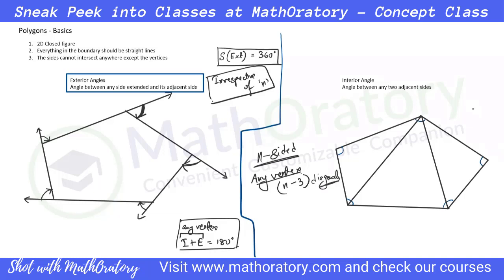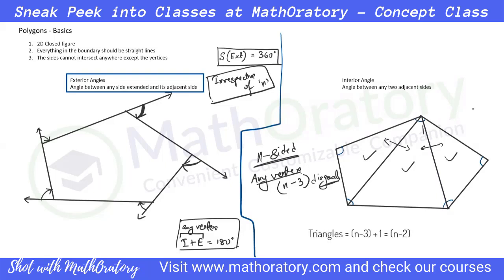Now, whenever we are drawing these diagonals, each diagonal behaves like a partition between 2 adjacent triangles in this figure, right? So I hope you can see this. This diagonal behaves like a partition between these 2 triangles, and this diagonal behaves like a partition between these 2 triangles. So if there are n minus 3 diagonals, there have to be n minus 3 plus 1 triangles.